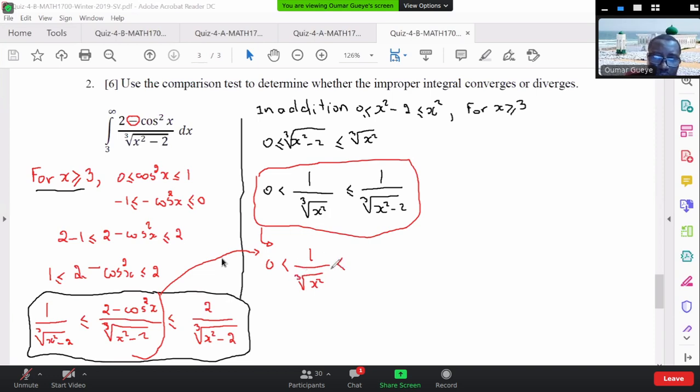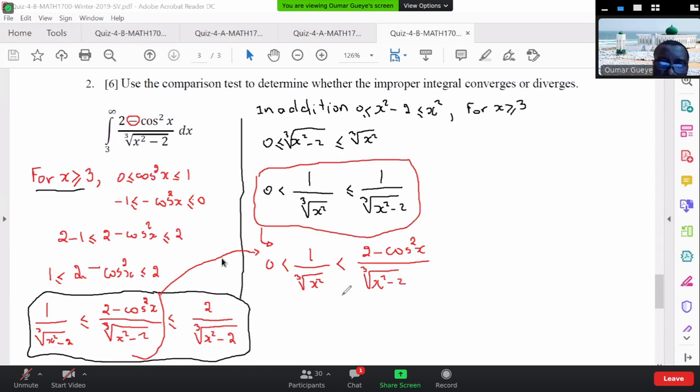So since this function is less than this one, and this one from this equation is less than our function, so we can say this is less than 2 minus cos squared x over cubic root of x squared minus 2.